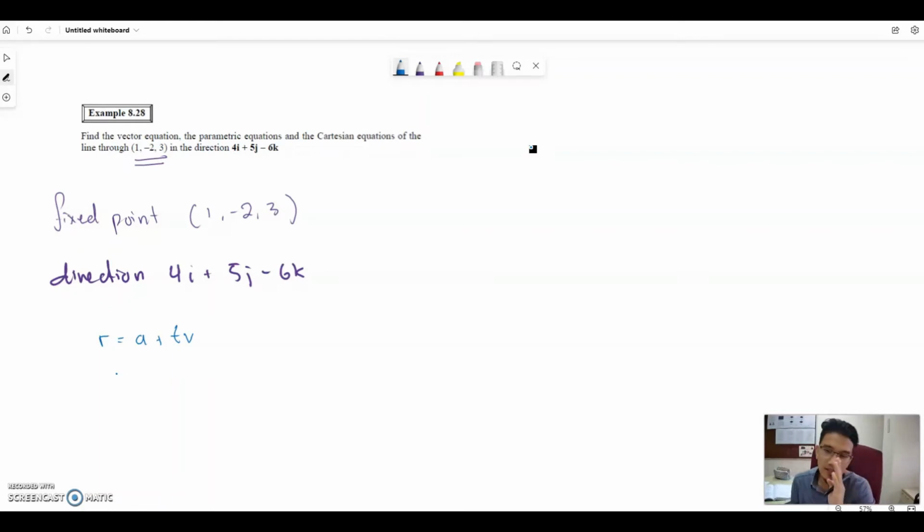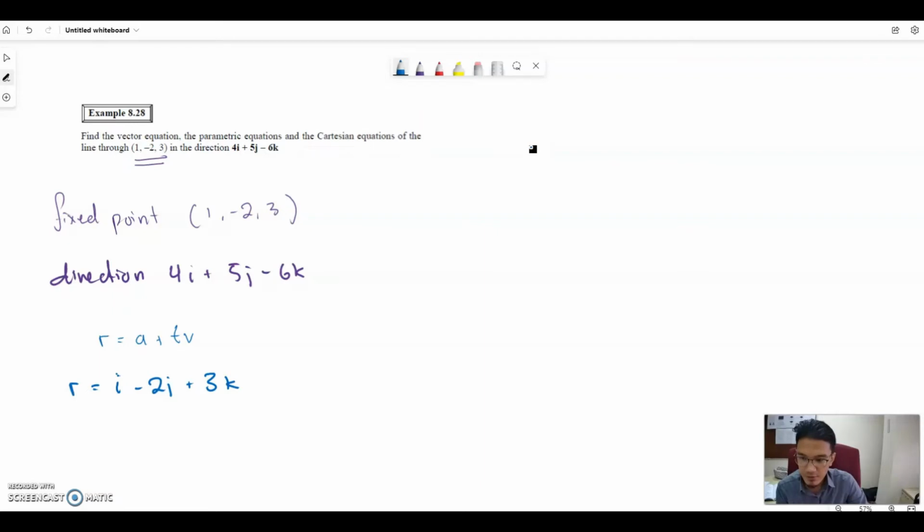A represents the vector from the origin to the fixed point, so that is i minus 2j plus 3k.